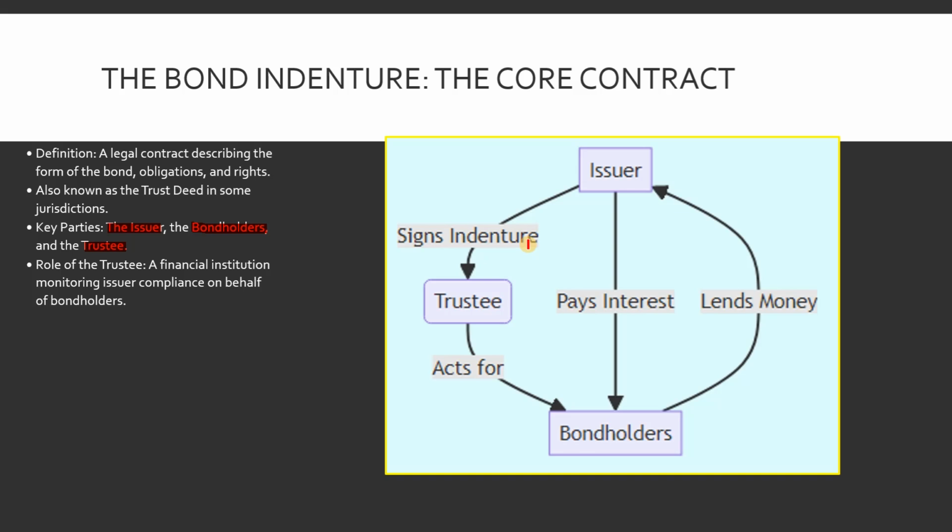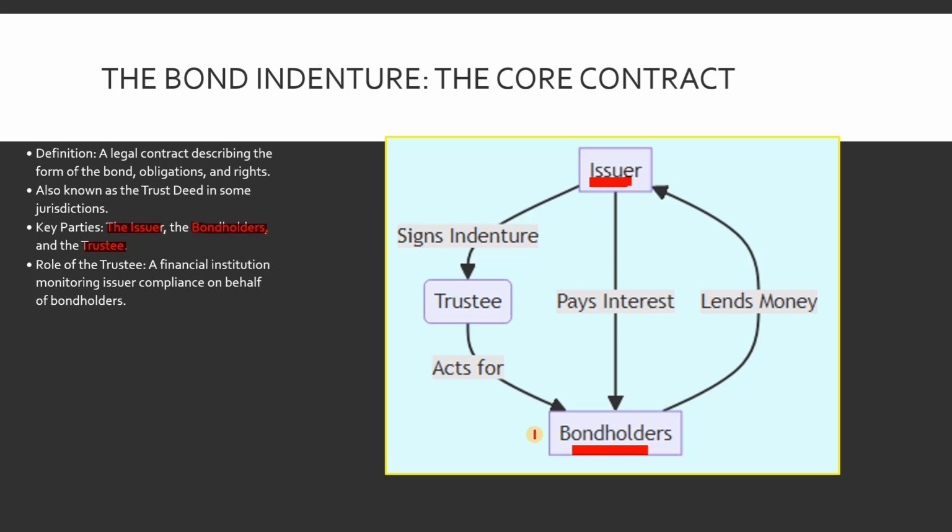There is the issuer and then the bondholders, correct. Bondholders lend the money to the issuer who needs the money, and the trustee sits in between.